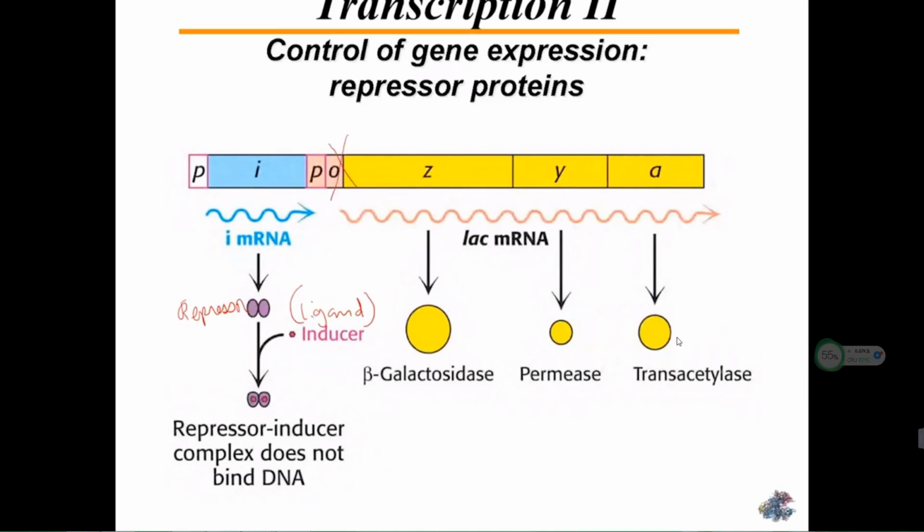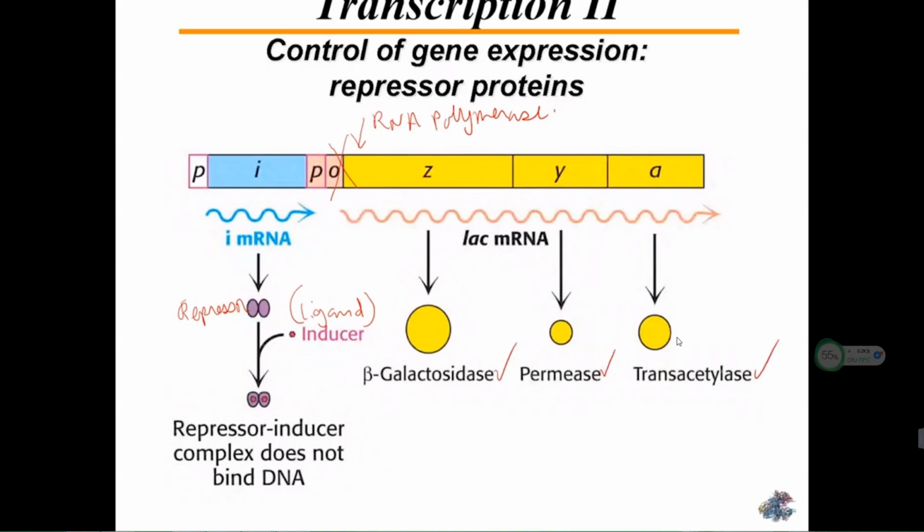And then it doesn't bind with the DNA, and then it allows for the RNA polymerase to come in and transcribe the lac operon. Okay? So once the repressor is not bound, we get synthesis of beta-galactosidase, we get synthesis of the permease protein, and then we also get synthesis of the galactosidase transacetylase.